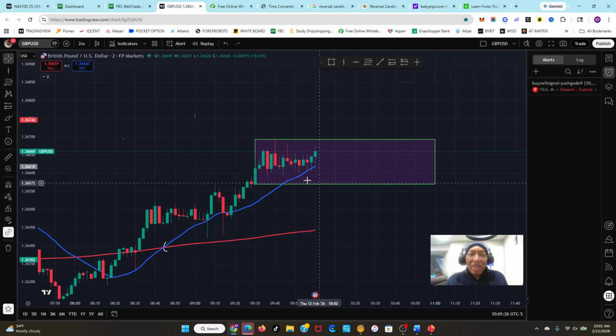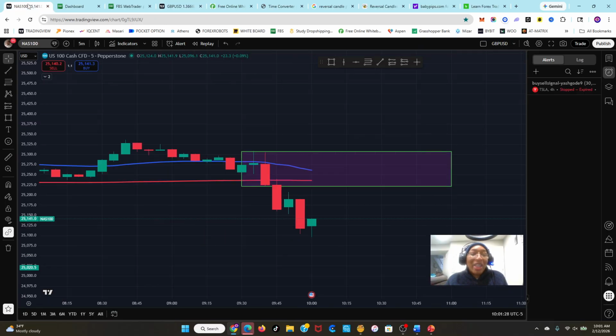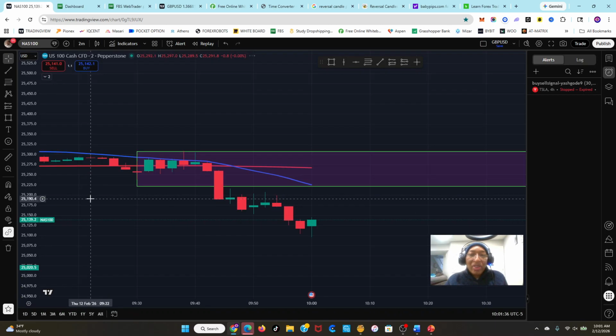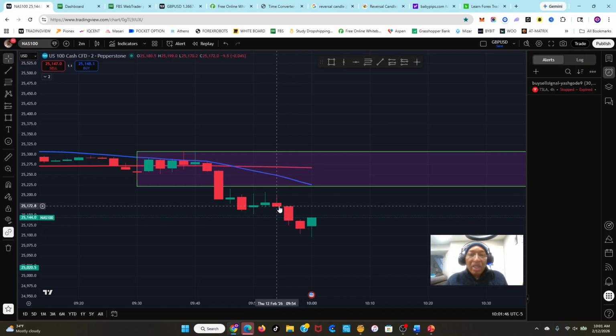Okay, so it's behaving. So we have the NAS up. Let's look at the 2 minutes for the NASDAQ. Again, I don't see a reversal pattern. Oh, here was a sequence.